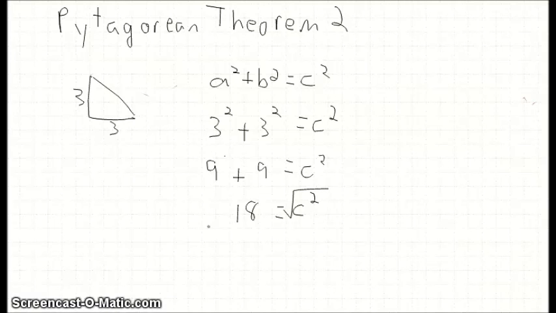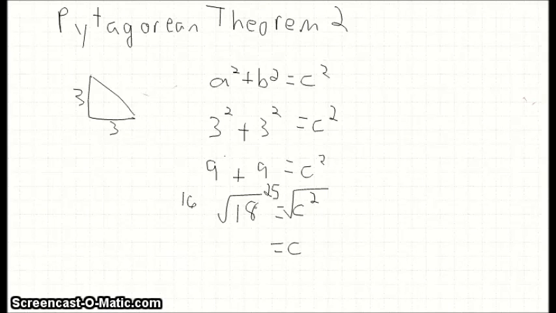So again, to undo a square, you square root it. So C squared square rooted would give us just C. And then we have to do the square root of 18. Well, the square root of 18 is not a perfect square root. So we have to think which numbers are. Well, 16 is a perfect square, and 25 is a perfect square.